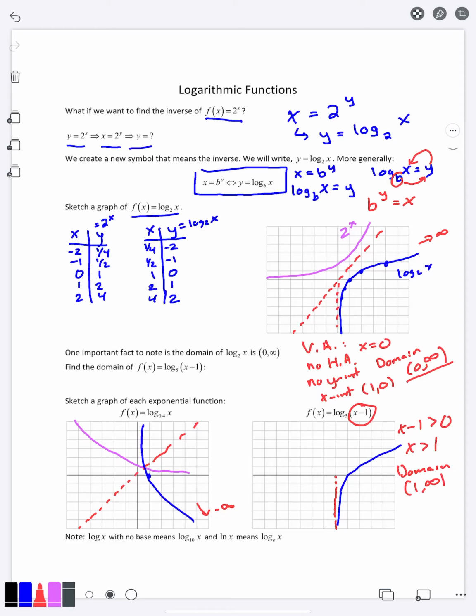Okay. Now one last thing before I close out this video. We've created this new symbol log, and we always have a base for it to tell what's going on. However, sometimes we will write just log with no base number. And in fact, that's the log button on your calculator. And that means log base 10.